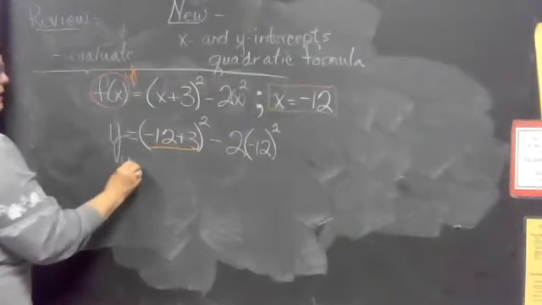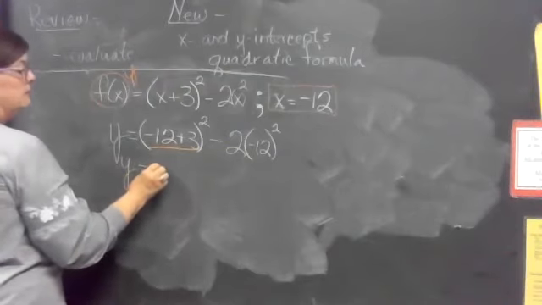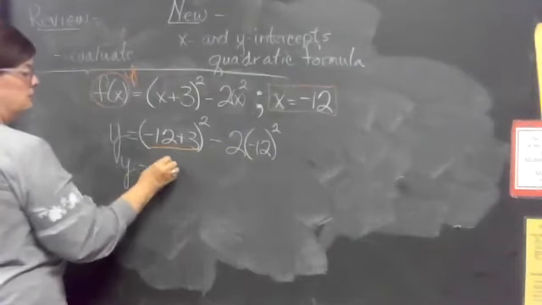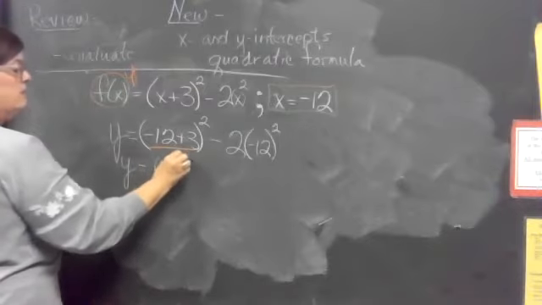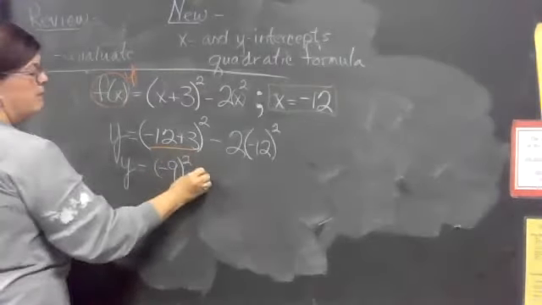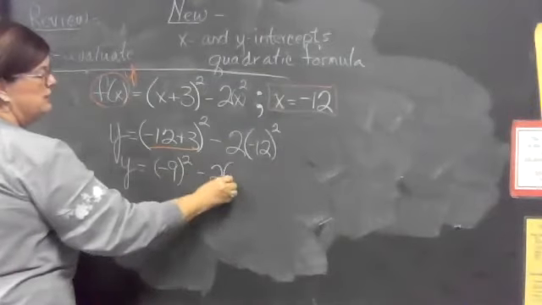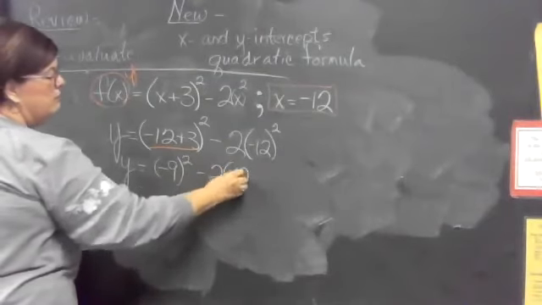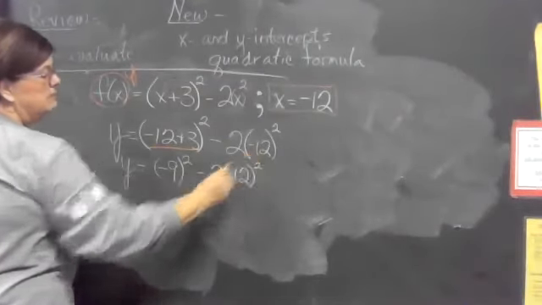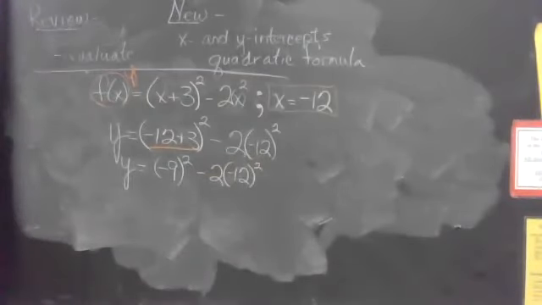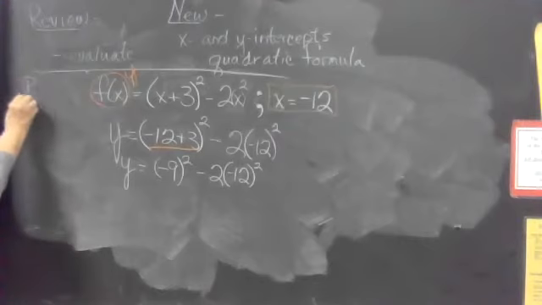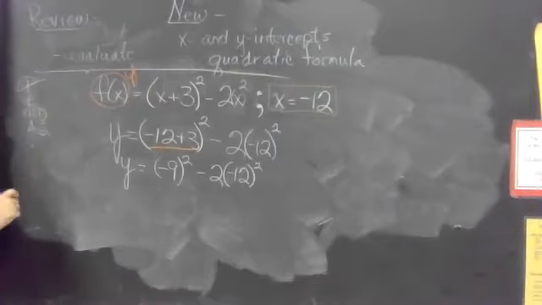So we have y equals -9 squared minus 2 times negative 12 squared. So far, so good? Okay, the please excuse my dear Aunt Sally. We've taken care of parentheses. The E stands for exponents.